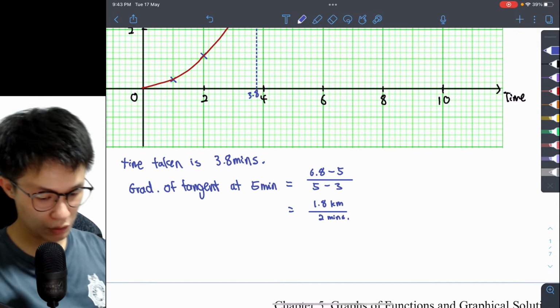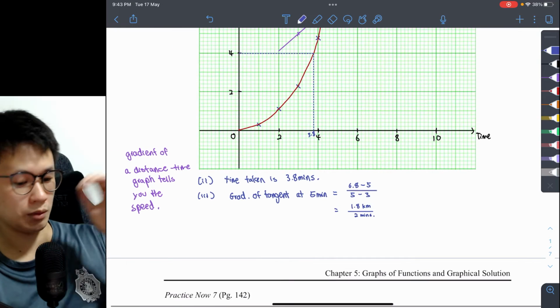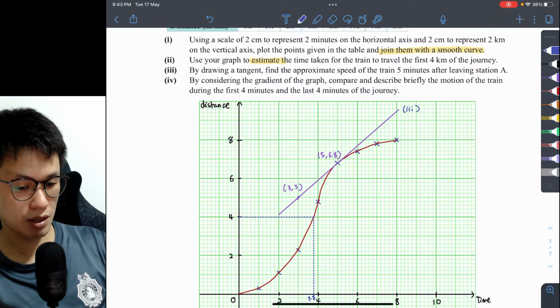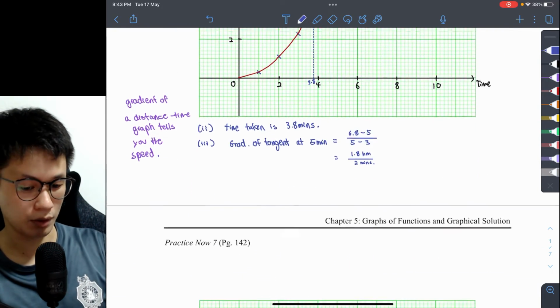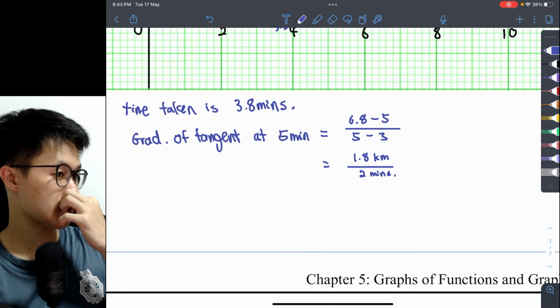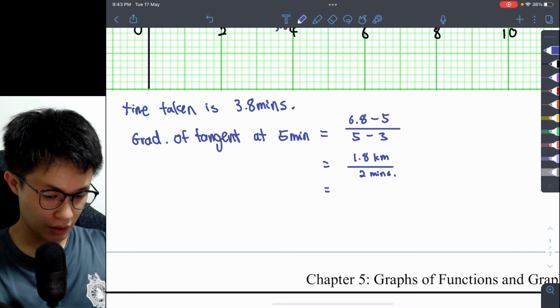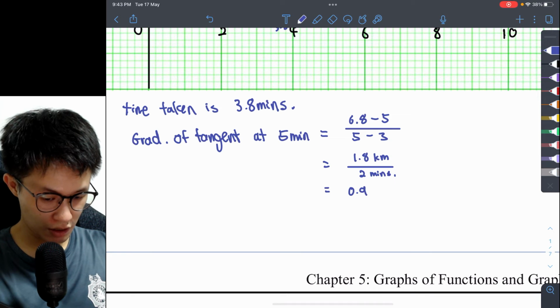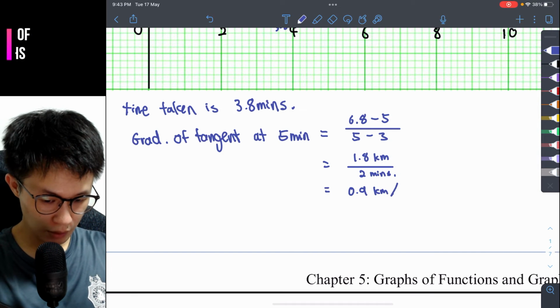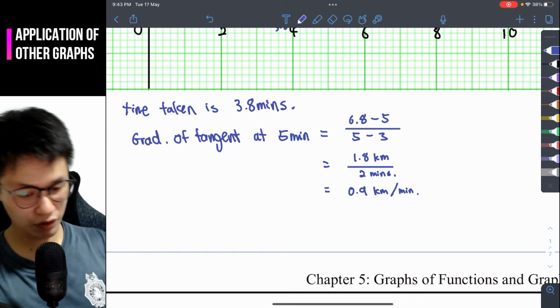The thing is, this question will require you to talk about speed, and speed in this case is in km per hour. So I'm going to express this as 1.8 km per 2 minutes. Sorry, this is actually 0.9 km per minute, which is in fact not what I want.